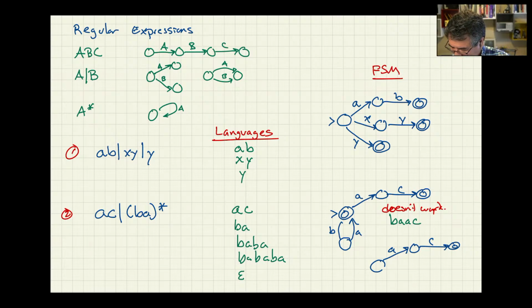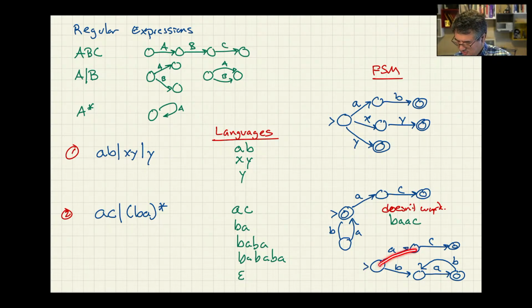Okay, so this one's a little bit tricky, but the way we do it is we will have a B branch here, and then an A branch here, and then obviously this is an accepting state. And then we'll just put a cycle back, labeled B as well.